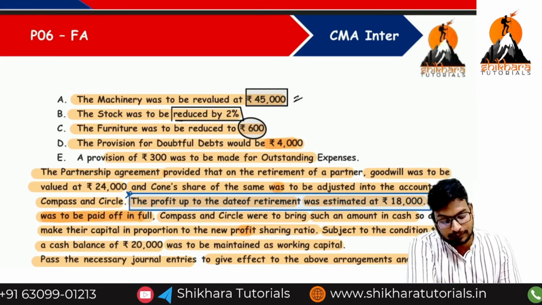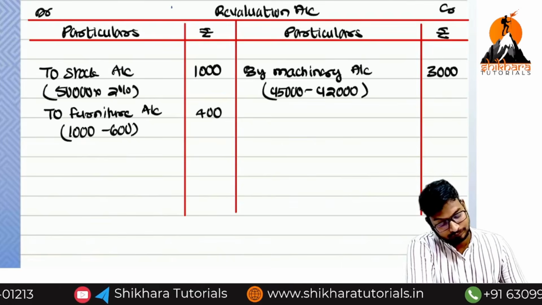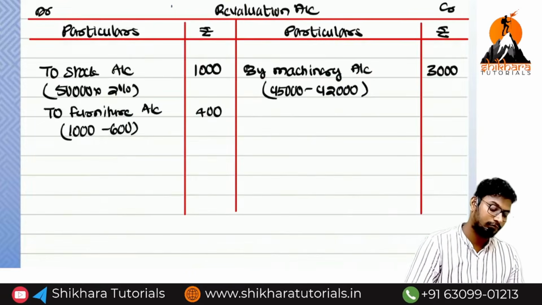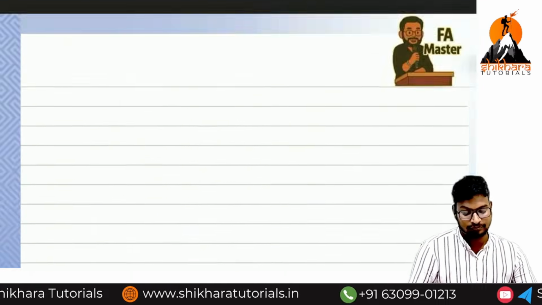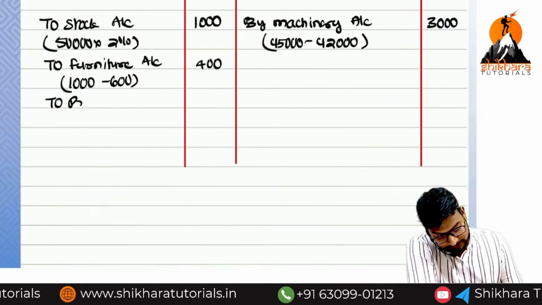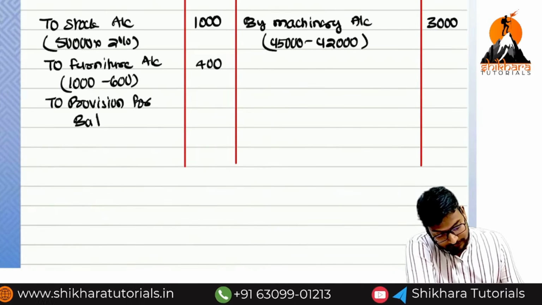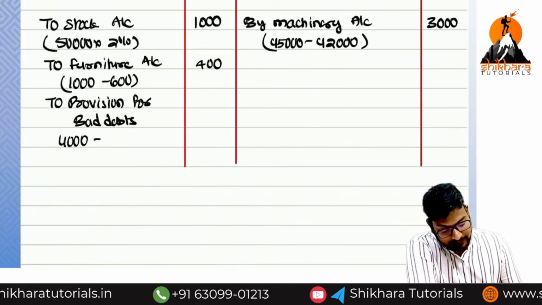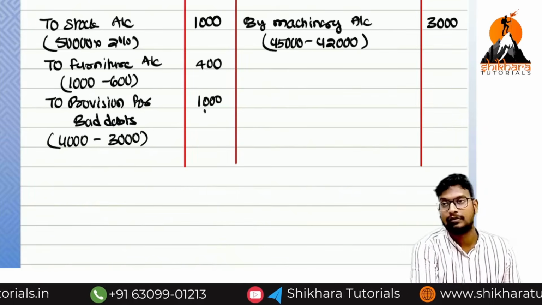Revaluation account debited to provision for bad debts. 4,000 we need to maintain, but already we are having 3,000. So that is equal to how much, amma? 1,000.